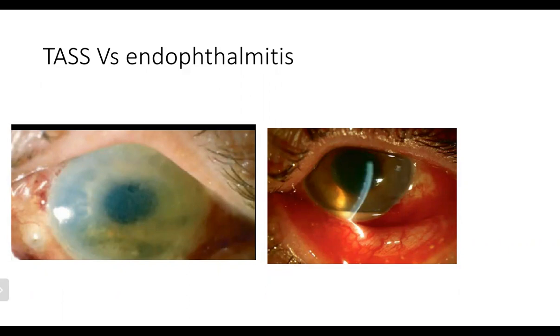And then in toxic anterior segment syndrome, they could present with hypopion too and anterior chamber cellular infiltrates, just as in endophthalmitis. One of the important distinguishing features is that in TAS, there's no vitritis, while in endophthalmitis, there's vitritis. And this may be confirmed with ultrasound imaging too.